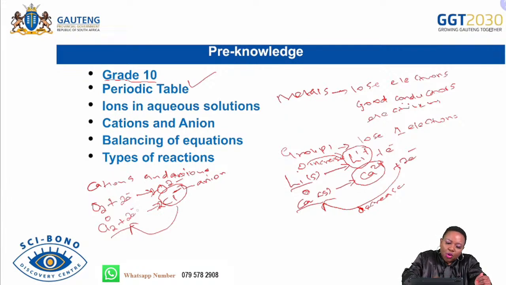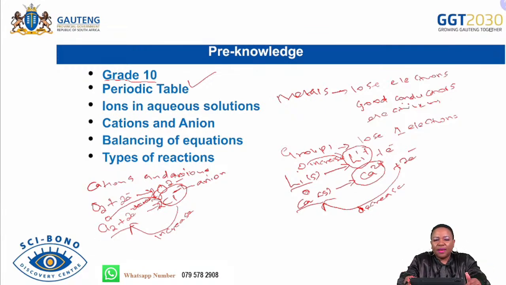However, if you want to go back to the original element, you are going to lose the electrons that you gained as a chloride ion or an oxide ion or an anion, so that you form the original element. In this case, a chloride ion will lose the electrons that it has already gained and go back to chlorine gas. And in that case, the oxidation number will start to increase again. But when it gains electrons, we've seen the oxidation number has decreased.